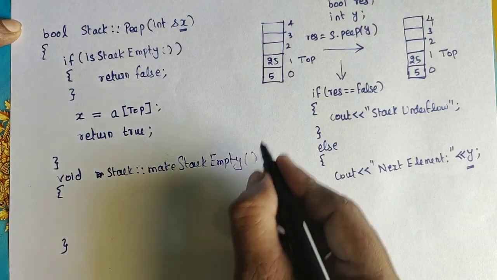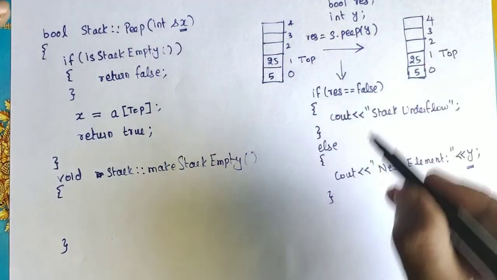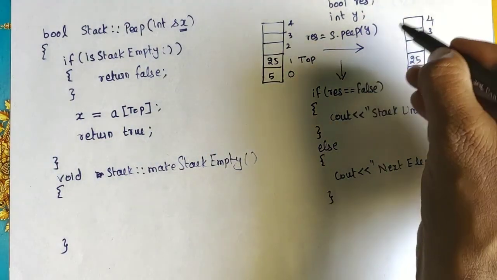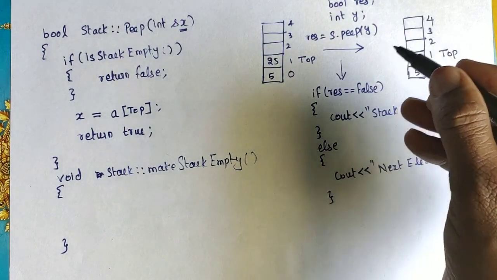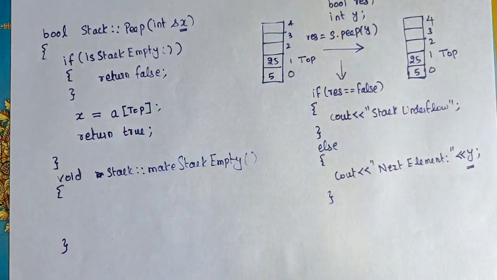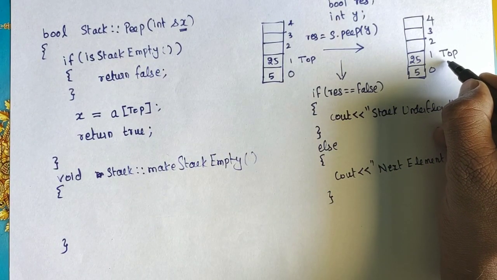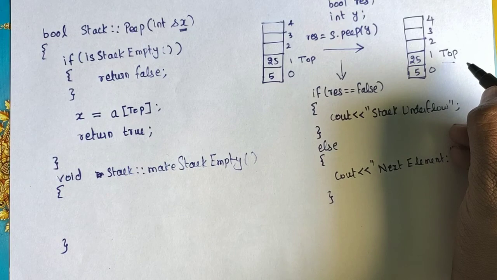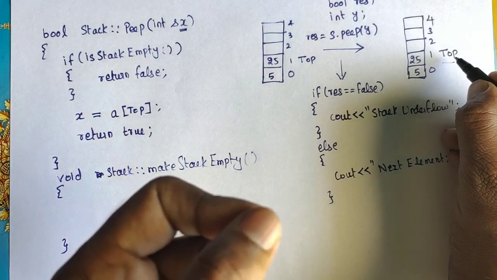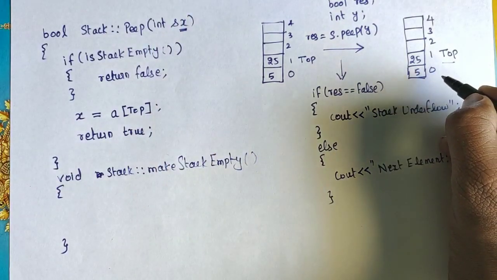It just completely deletes the elements. Can you say what is the logic to completely delete the elements? You can call the pop operation until the stack becomes empty, one by one. Or the top alone decides whether the stack is empty or filled. It is pointing to the recently inserted element.